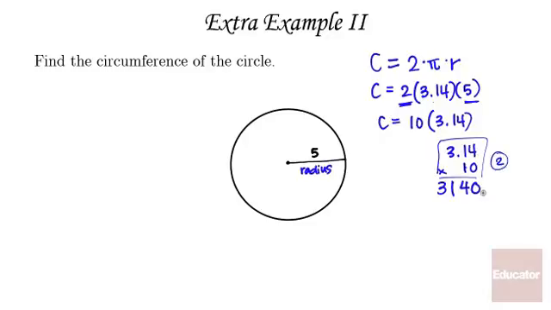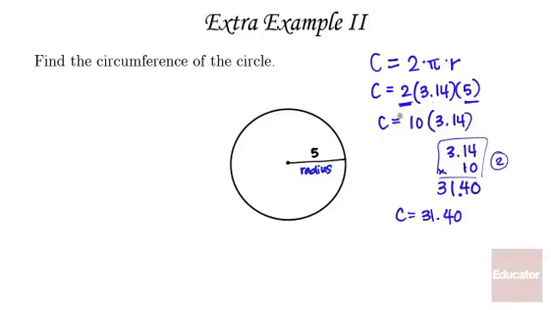So in my answer, I put the decimal point in front of 2 numbers. So it's 31.4 or 31.40. It's the same thing. I can just drop the 0 because it's behind the decimal point and at the end of a number. So the circumference is 31.4 or 31.40.